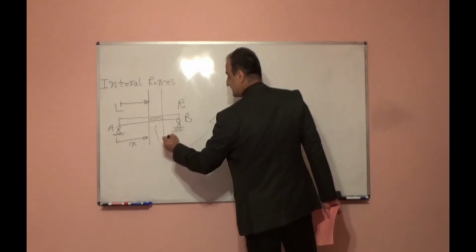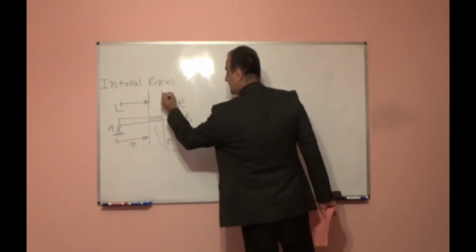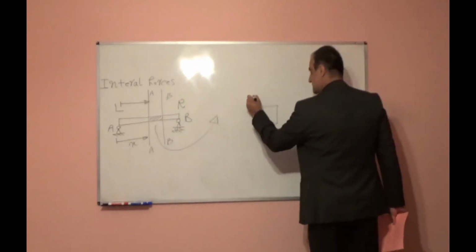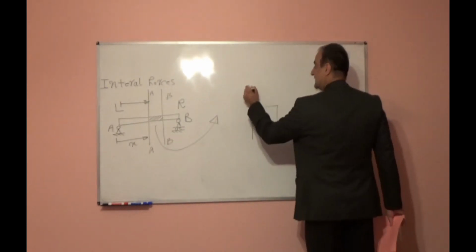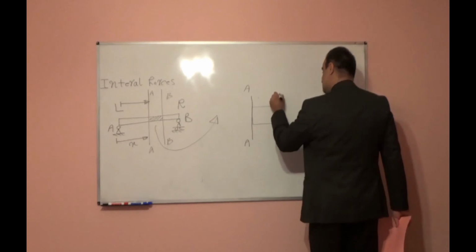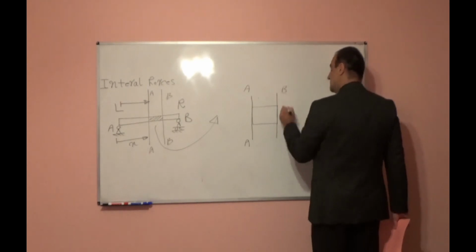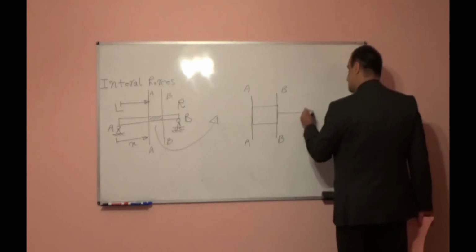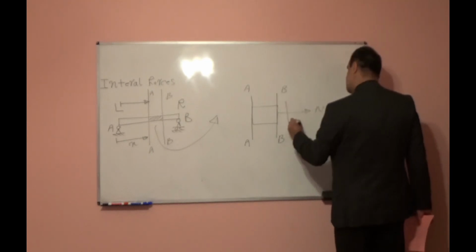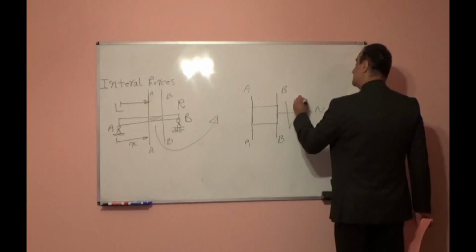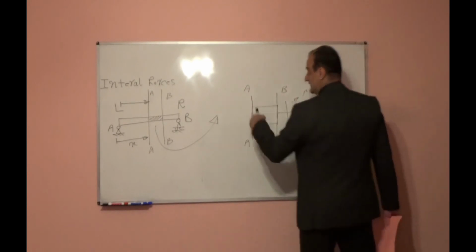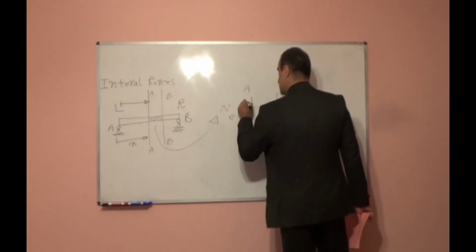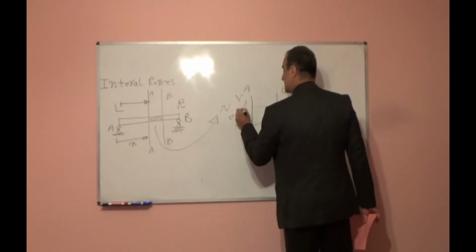This is, for example, section A, section A, section B, section B. In section B, these are the positive directions: axial force, shear force, bending moment. In section AA, the positive directions are axial force, shear force, bending moment.